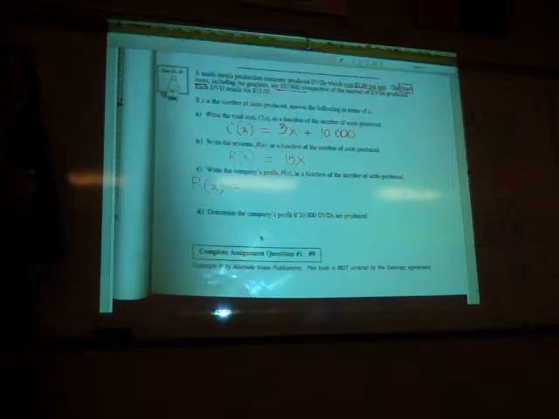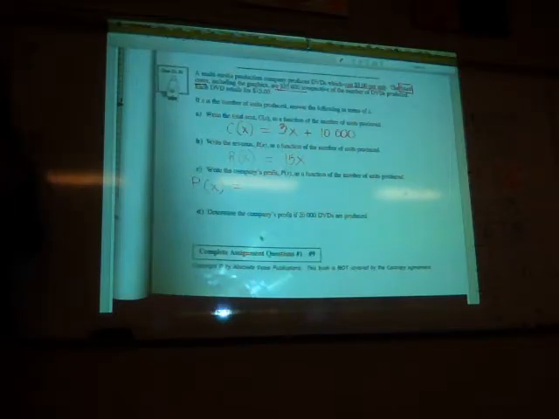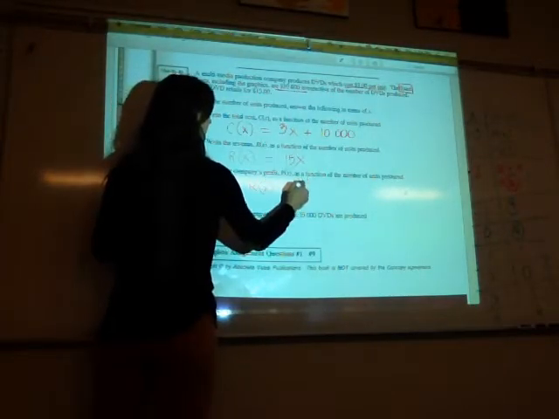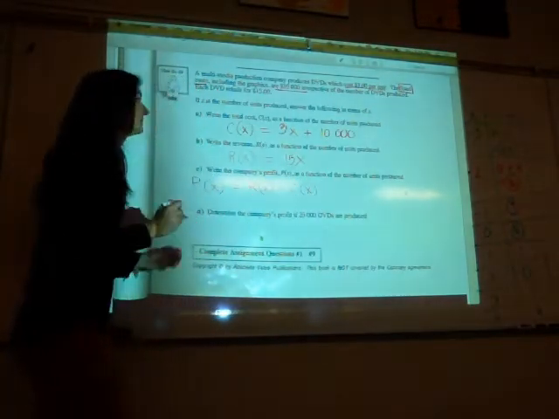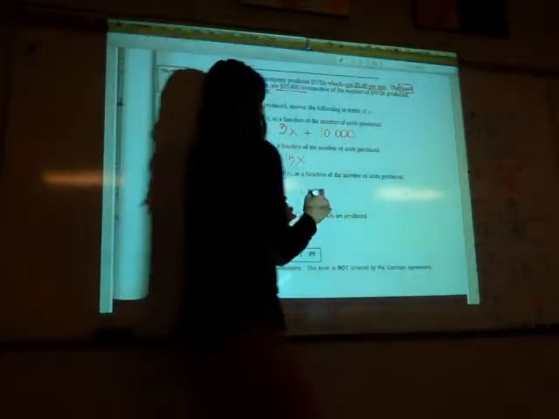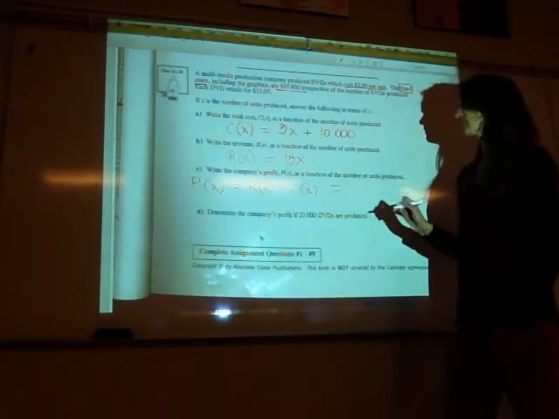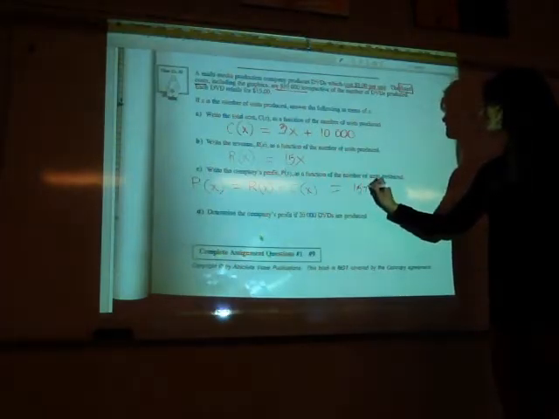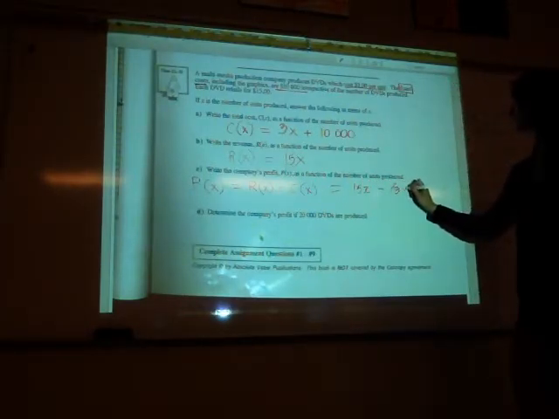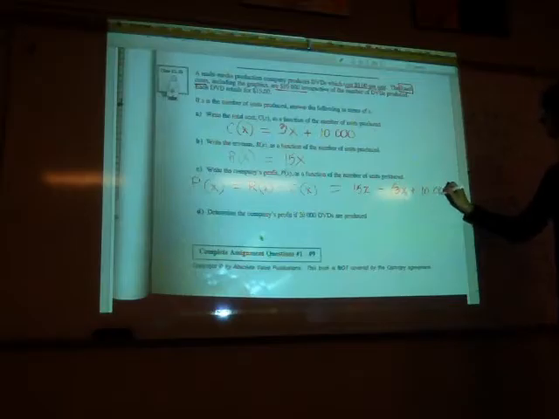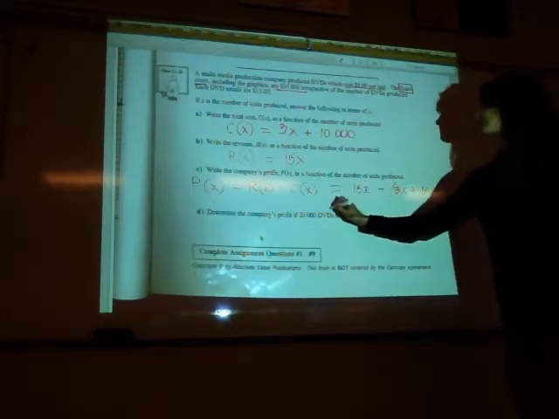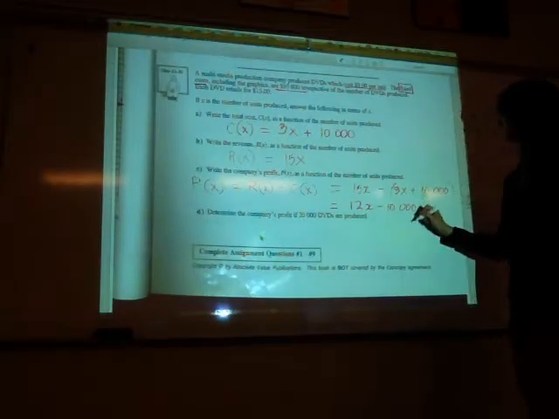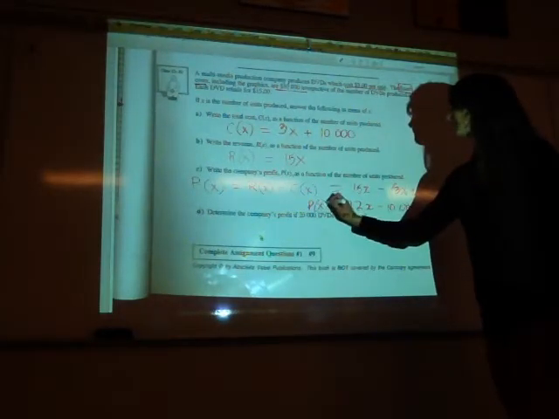Revenue, subtract your cost. So if we sub in the formulas that we had from above, that would be 15x subtract 3x plus 10,000. So we end up with 12x minus 10,000. That's our profit.